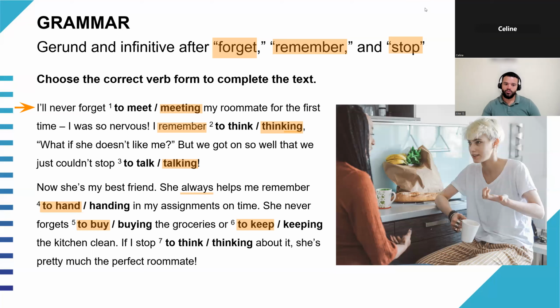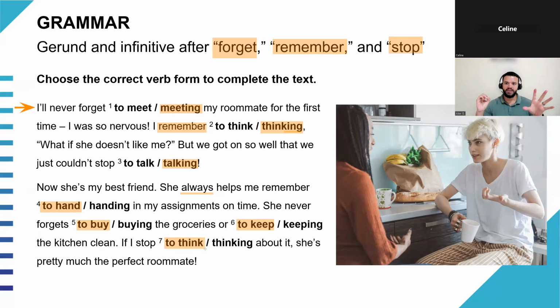So when you use forget, remember, and stop, they're normally going to have two different meanings. For example, stop. If we say stop to think, this is going to be parar para pensar.